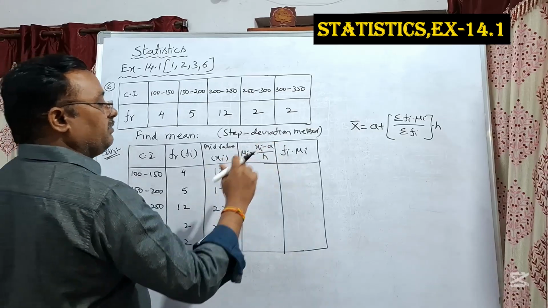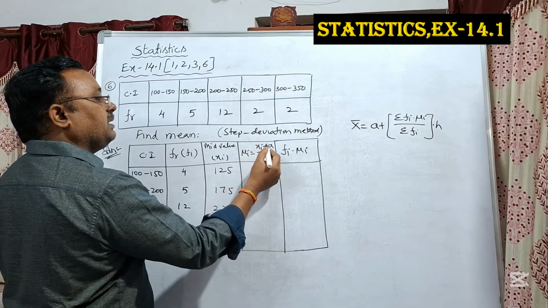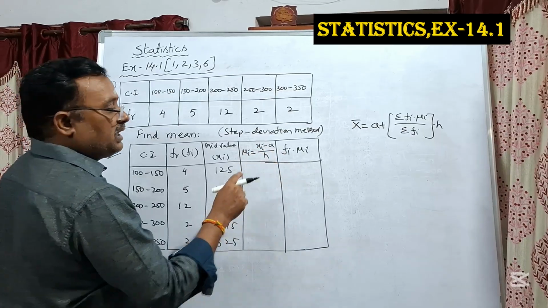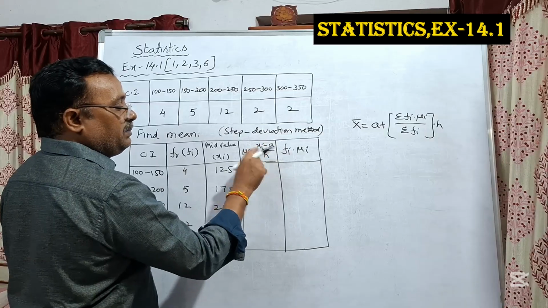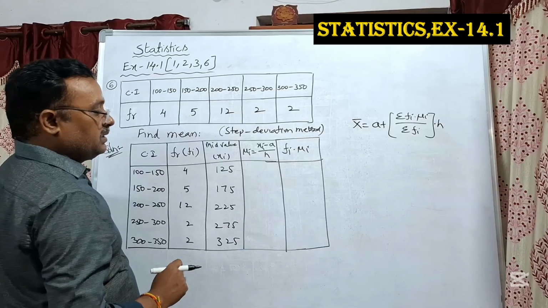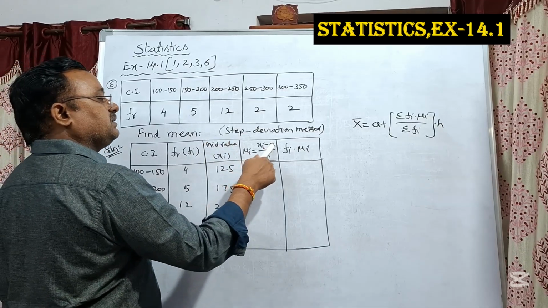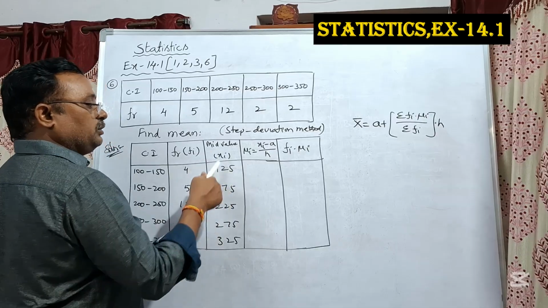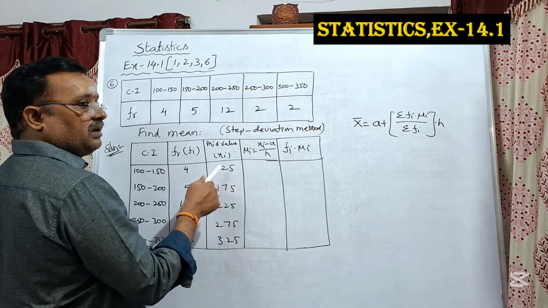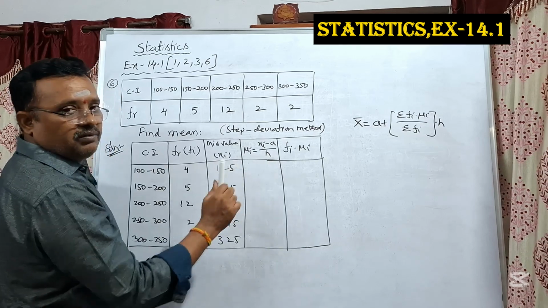Then what is the ui value? ui has to be calculated using xi minus a by h, which is nothing but the deviation value di by h. But for this problem there is a logic. Among these mid values you can select any one as the assumed mean: the first, second, third, fourth or fifth one.